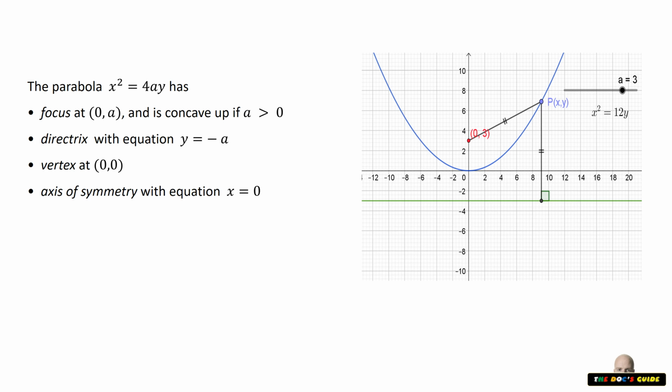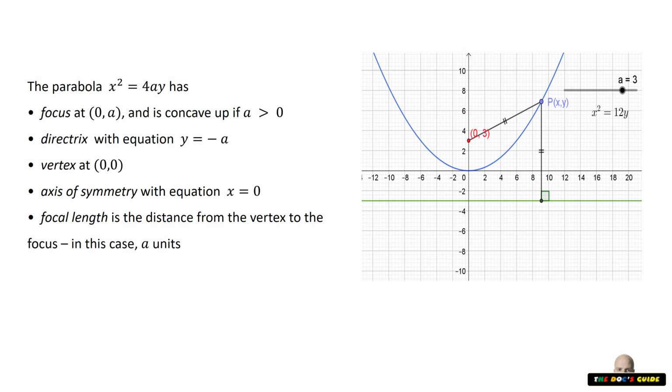It's going to have an axis of symmetry of x equals 0 if it's in this form, and it's going to have the focal length as the distance from the vertex to the focus. So it's a units. Now the focal length is just that. It doesn't have a direction. So it's just a units or 3 units. And it's always inside the parabola.